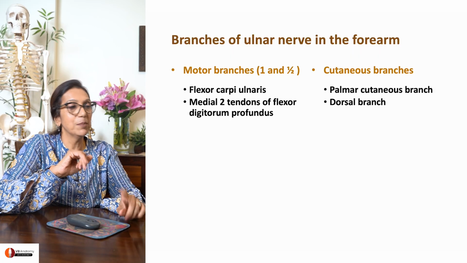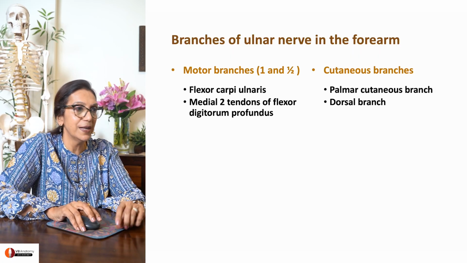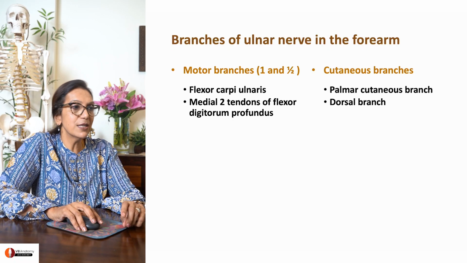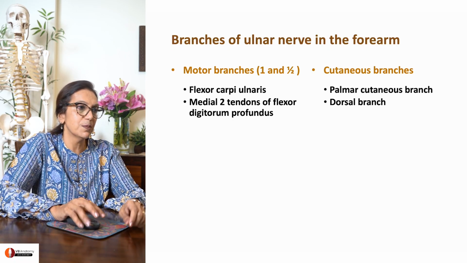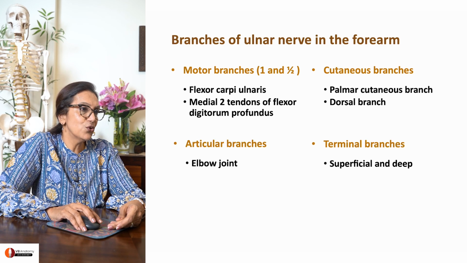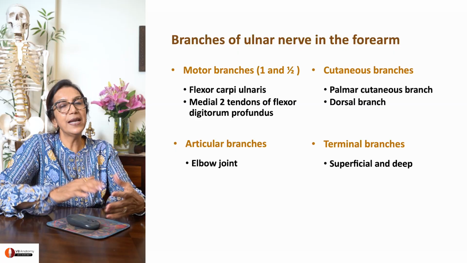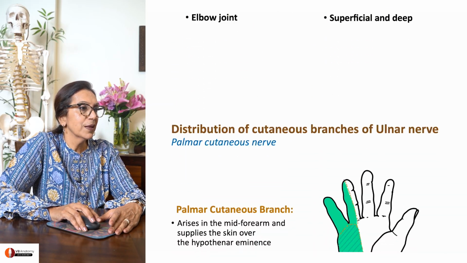Please remember that because that's going to be applicable when you are doing applied aspects of ulnar nerve. It also gives rise to cutaneous branches called palmar cutaneous branch and dorsal cutaneous branch. It also gives rise to branches to the elbow joint, and finally terminally divides into superficial and deep nerves.